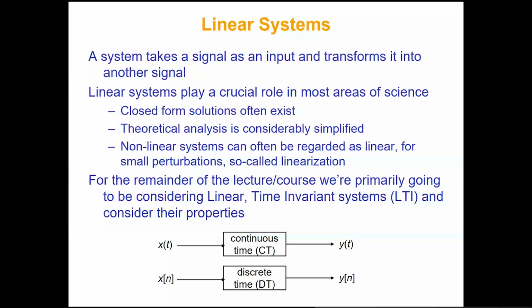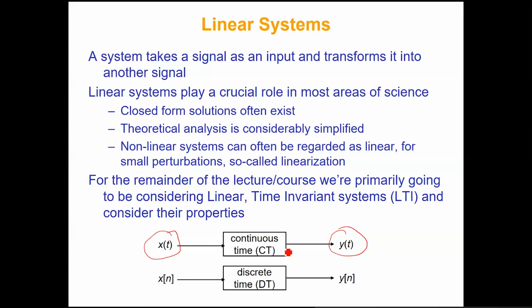So LTI systems can be continuous time systems, or they can be discrete time systems. And if you see how we actually represent a system, here you can see if the input is x of t, with t in parentheses, and the output is y of t, we know that we have a continuous time signal as an input and a continuous time signal as an output.